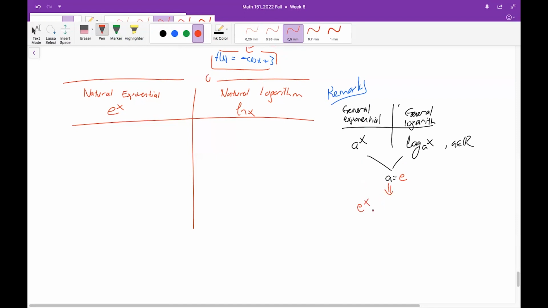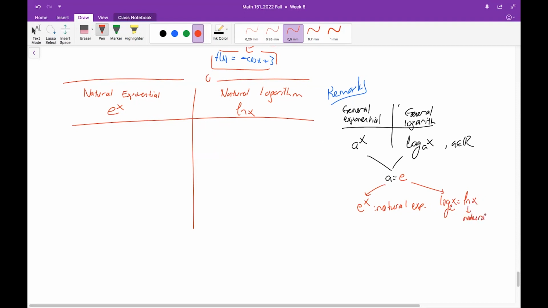So then you call e to the power x the natural exponential function, and the other one, logarithm base e of x, we have a special notation for, ln x, and this is called the natural logarithm function.